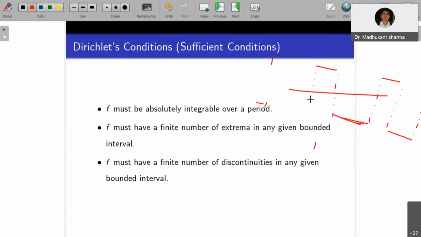That will identify a square wave. You may also include this line and this line, but here is the point of discontinuity. So finitely many discontinuity points are allowed, not infinitely many. In other words, f must be piecewise continuous over that bounded interval.